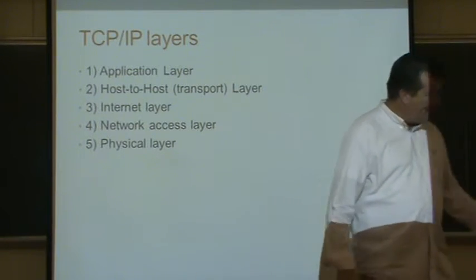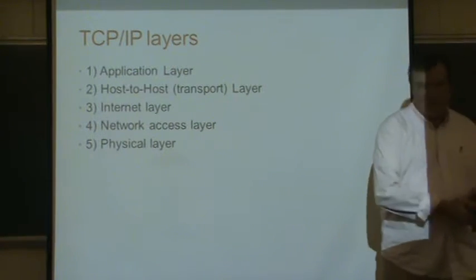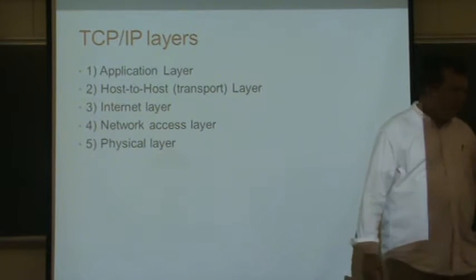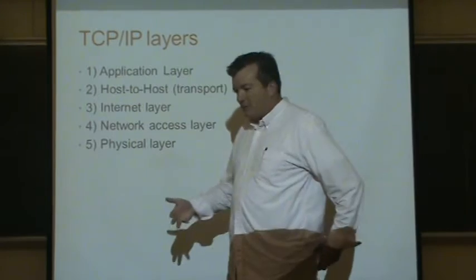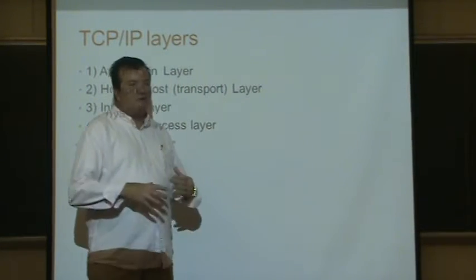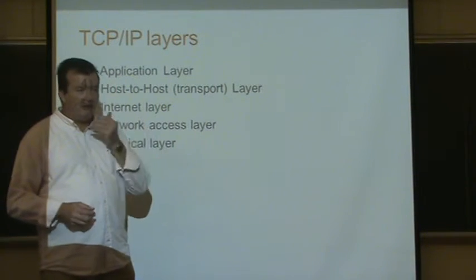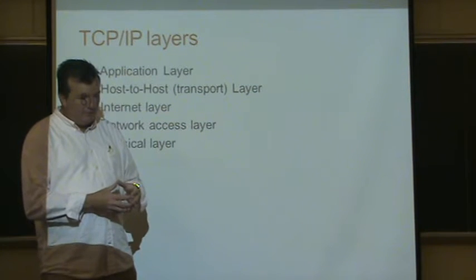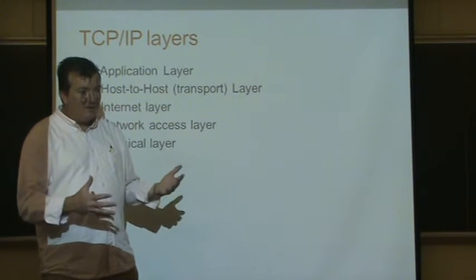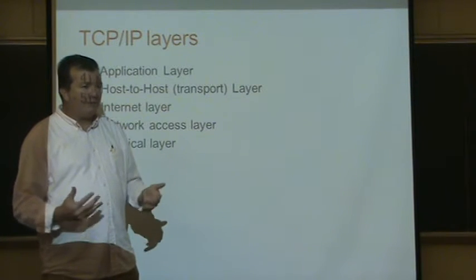The idea of what a layer is is kind of like when you're mailing a letter to somebody: how it gets transported to its destination, and how it gets to the person who actually receives it, is done in layers.